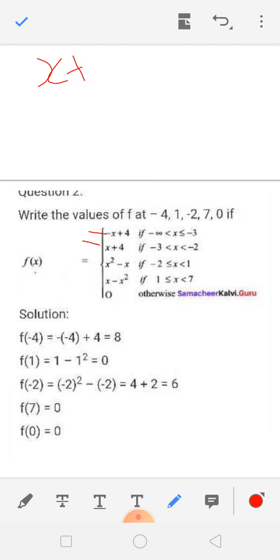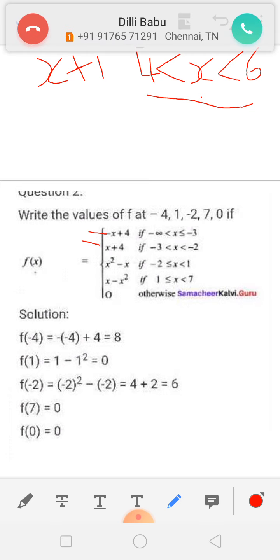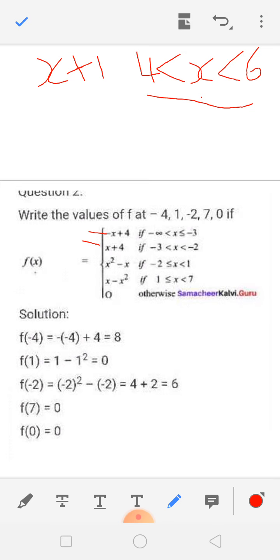suppose x plus 1 is my function, and I am going to write one interval. First of all, you have to find this x value. What is the x value? The x value is greater than 4 and less than 6.